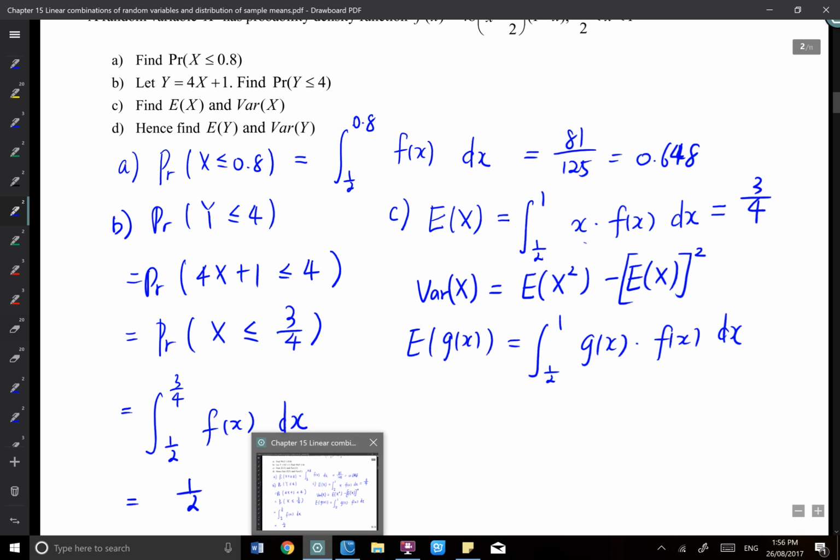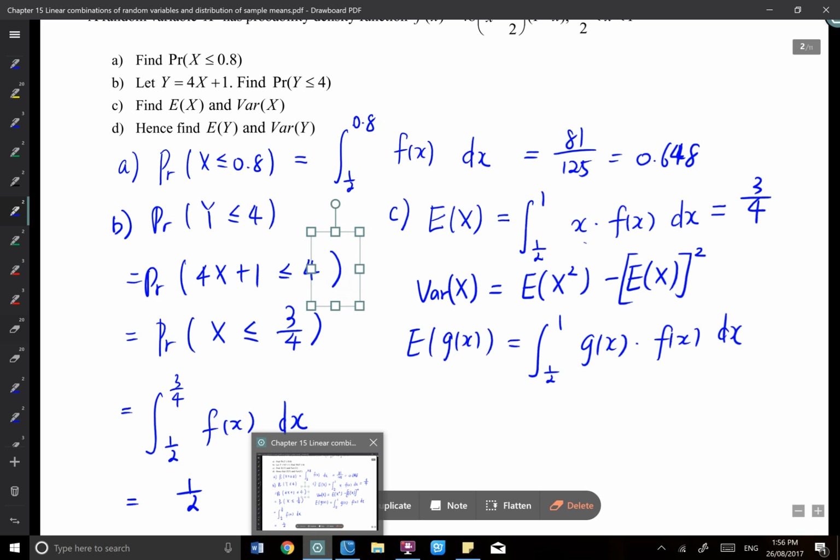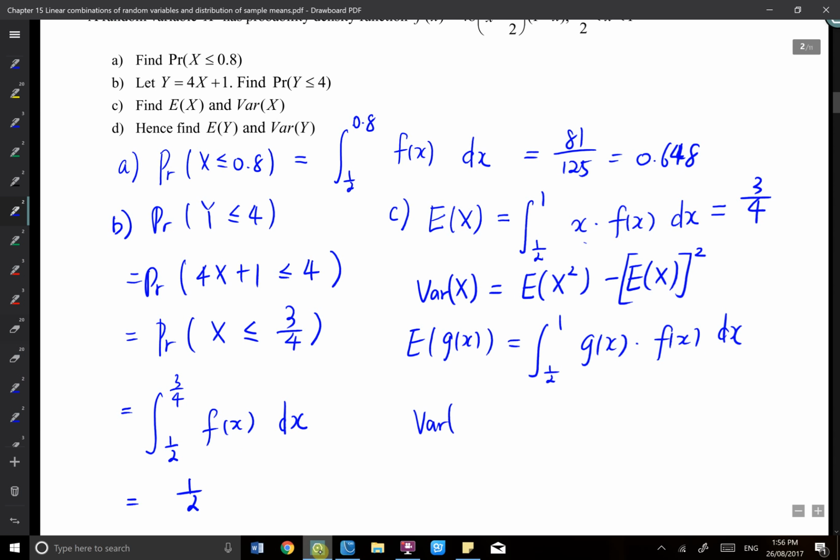So whatever you have in the bracket, you multiply it in the integral. That's how you find expected g(x). The second formula is variance x equals expected (x minus mu) squared, then find that expected value. That is normally not used, but you need to know it, as sometimes we need to use it. So the common one is expected x squared minus expected x, and then the whole thing squared.